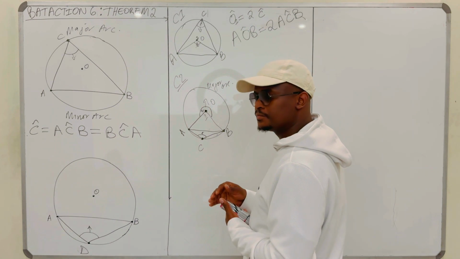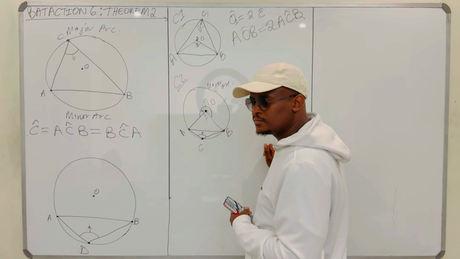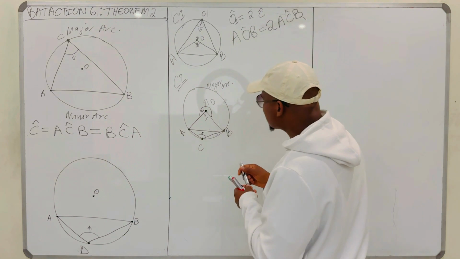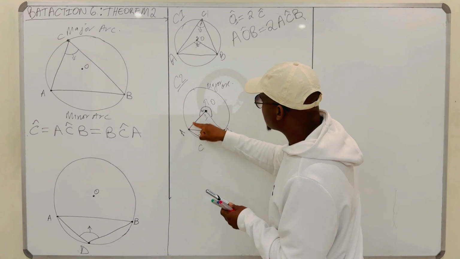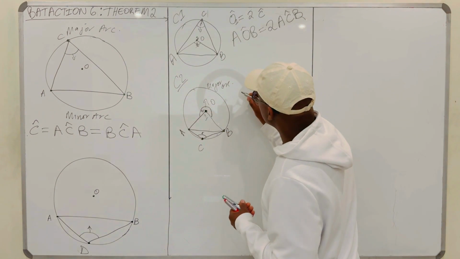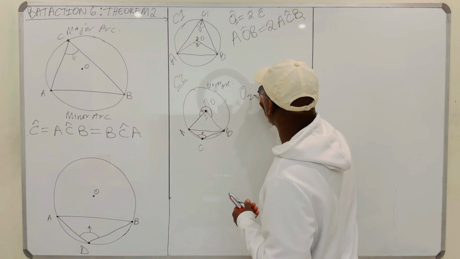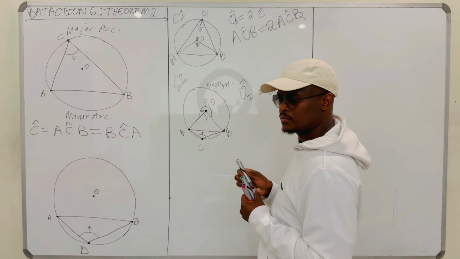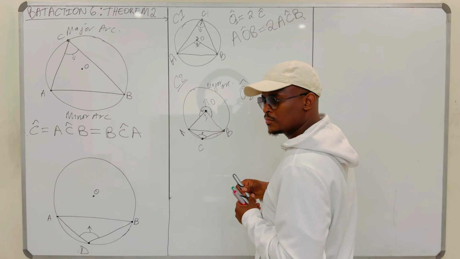Any questions? No questions. So in this case, you can say the same thing, which is you're talking about angle 2, right? That angle over there. Are you with me? So you say now your O2 is equal to twice angle C. Do you agree?